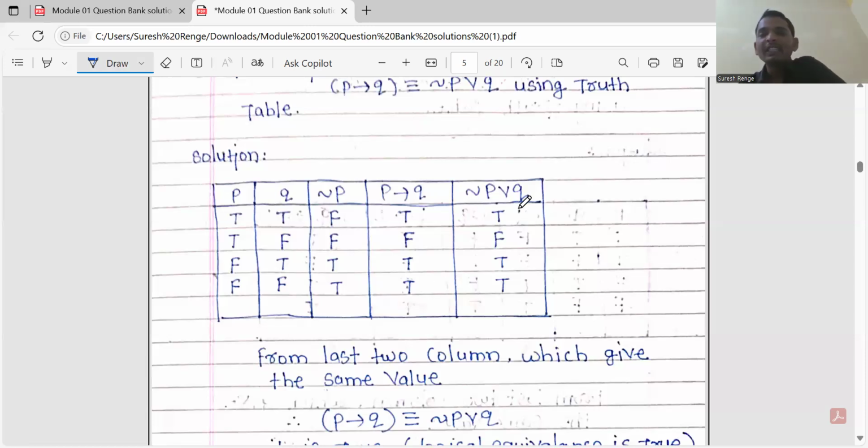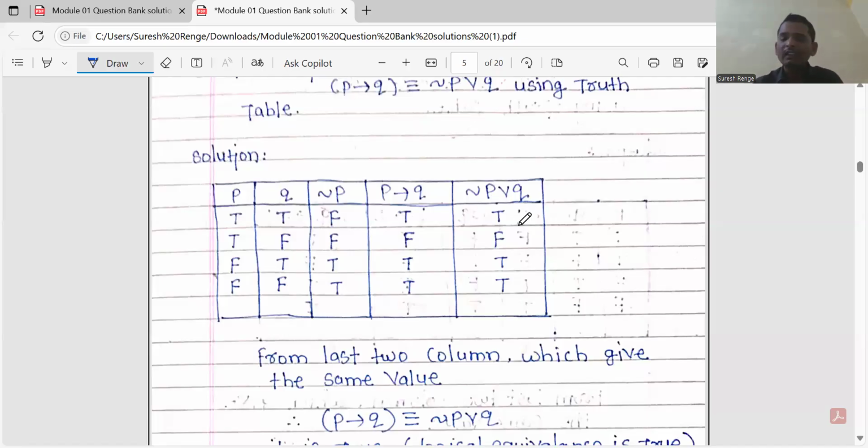Now we want to find negation P or Q. What does or mean? This symbol is a logical connector, and the meaning of this logical connector, or, is: if both values are true, then true; if at least one value is true, then it is also true.